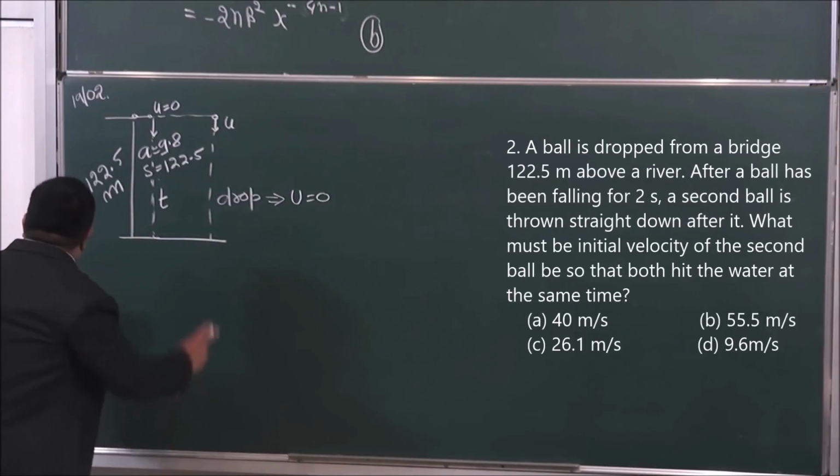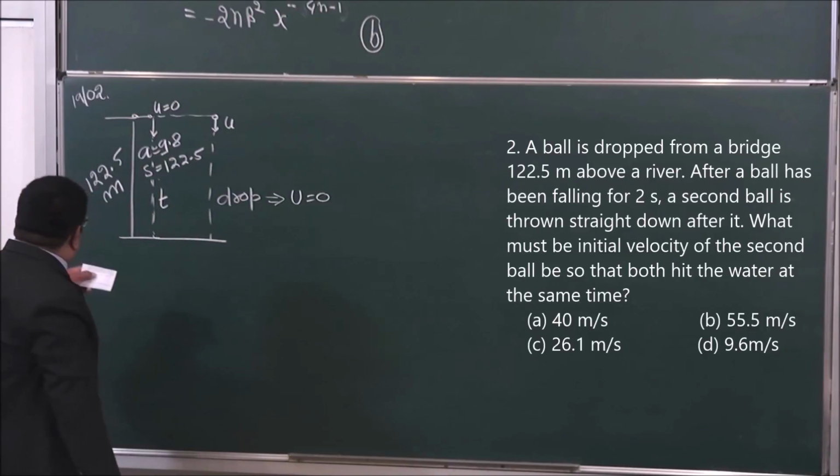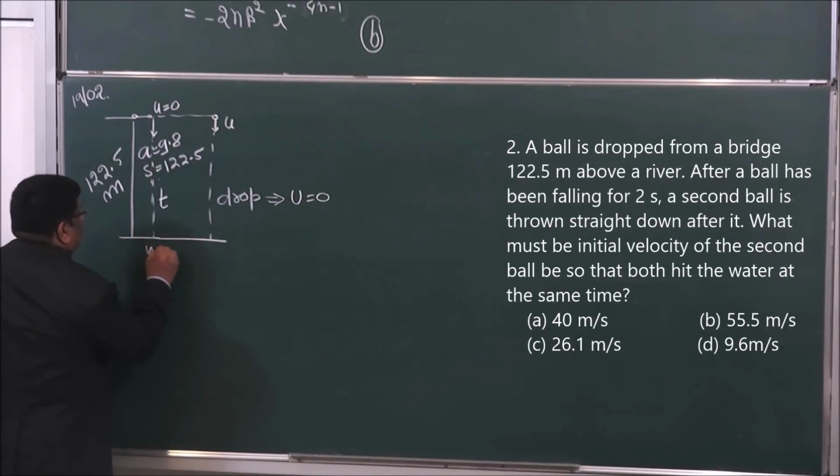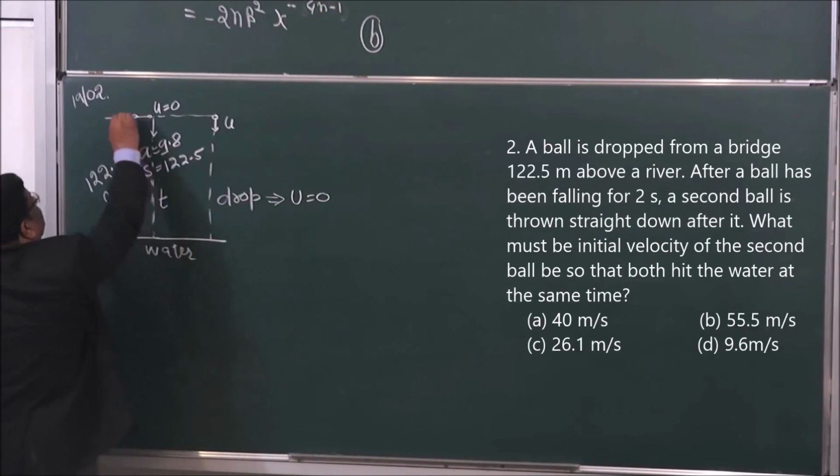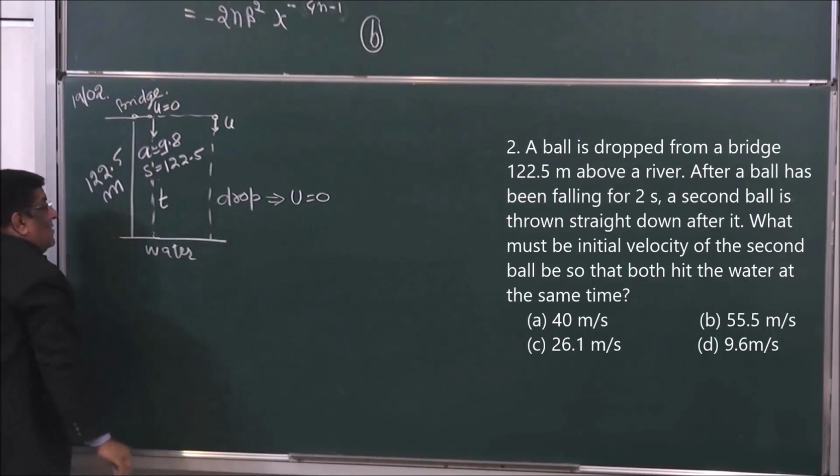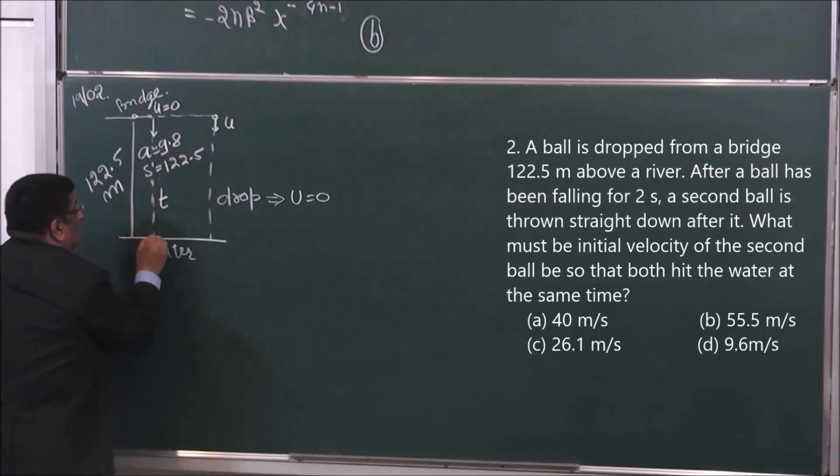For this, read further. A second ball is thrown. What must be the initial velocity of the second ball so that both hit the water at the same time? Here is water and this is the bridge. Both hit at the same time.